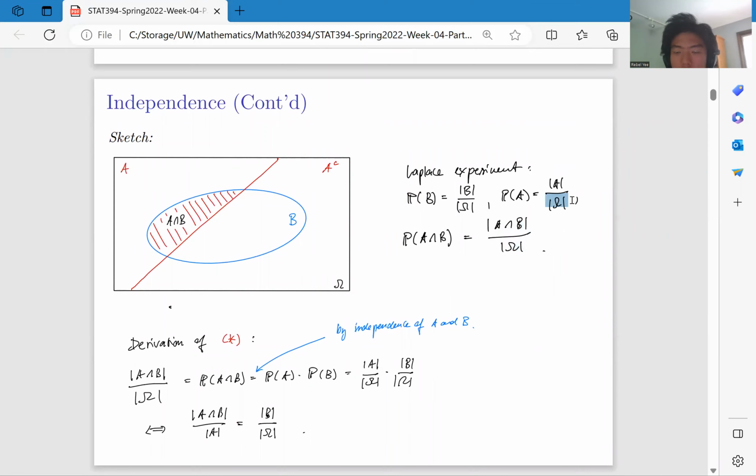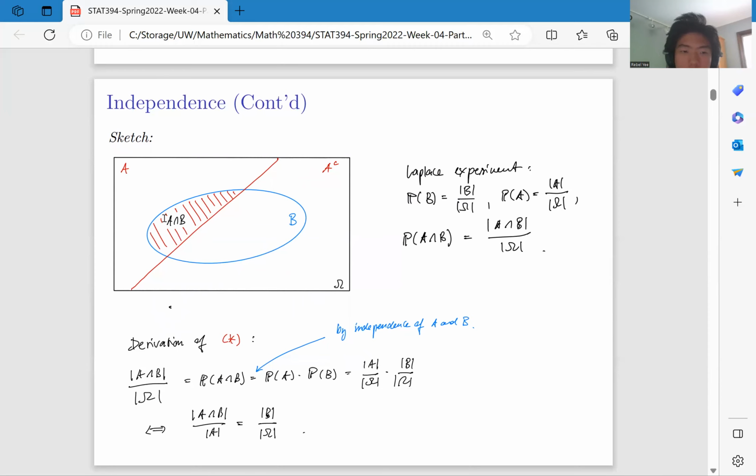So this term, the entire term here. And we can simplify the cardinality of omega out. So it's A intersection with B divided by B. All right, so that's not a big deal. This is very easy to see.